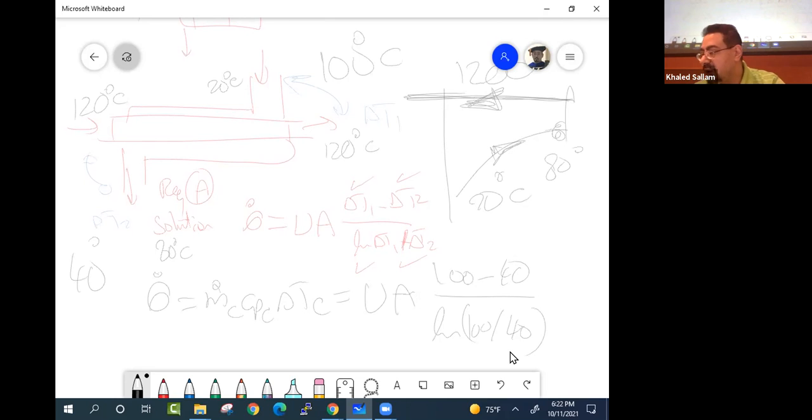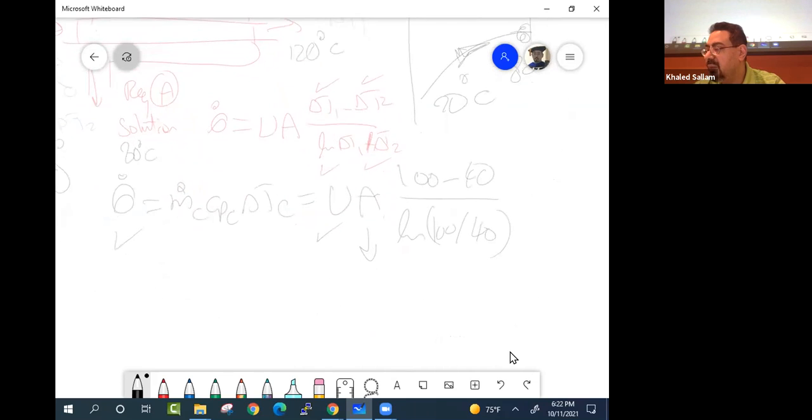All right. So if this Q is given and U is given, then the only thing that you can find from here is the area. So find the area, and it's going to be by pi d L. You will be able to get the L out of this. So we would need U. We definitely need U, because otherwise, how are we gonna calculate it?